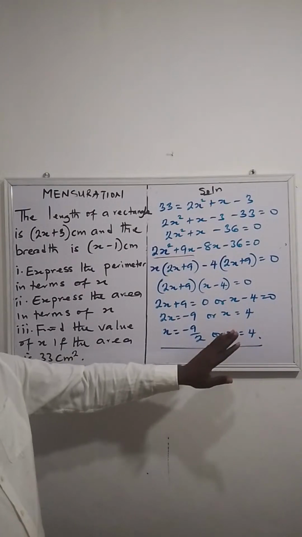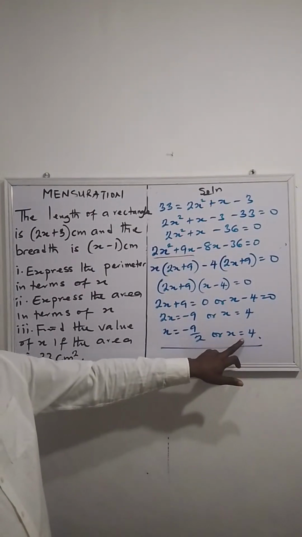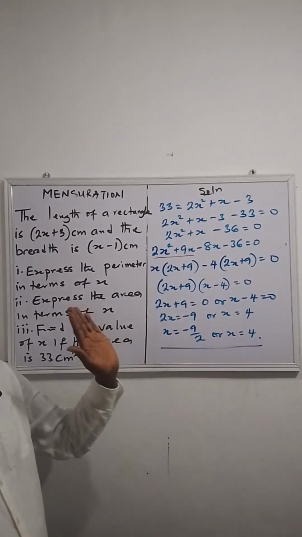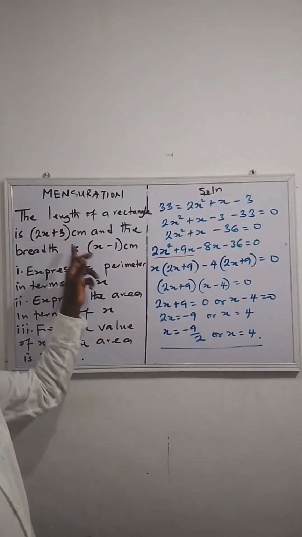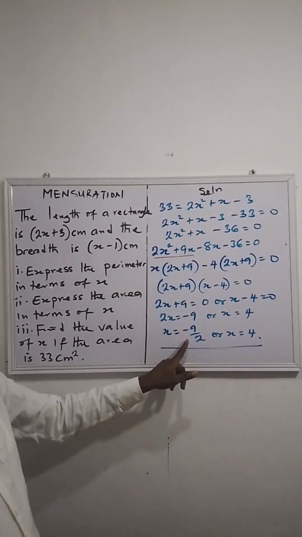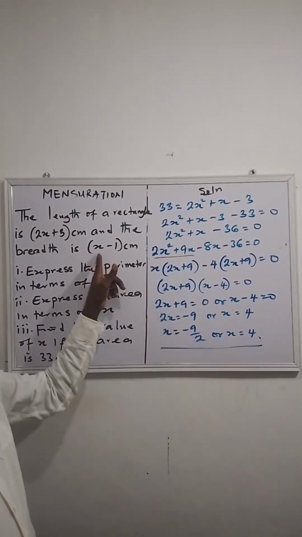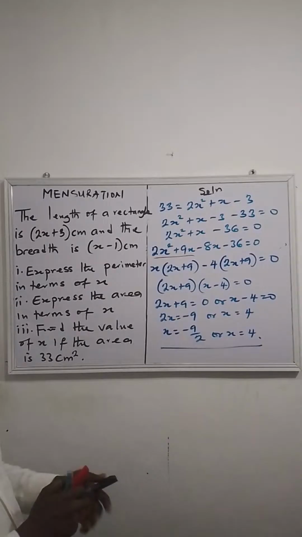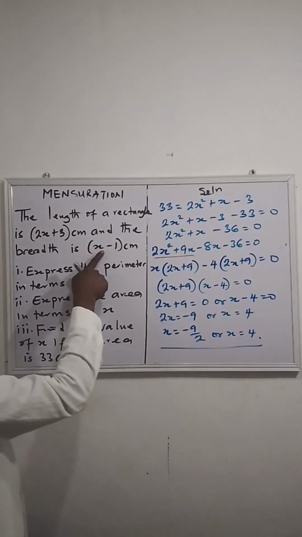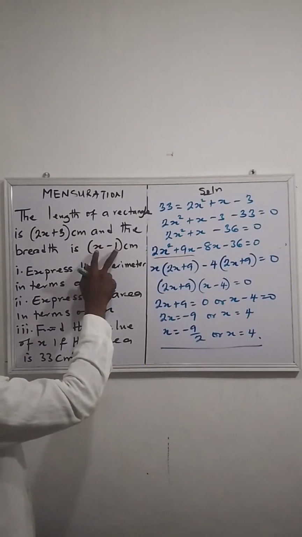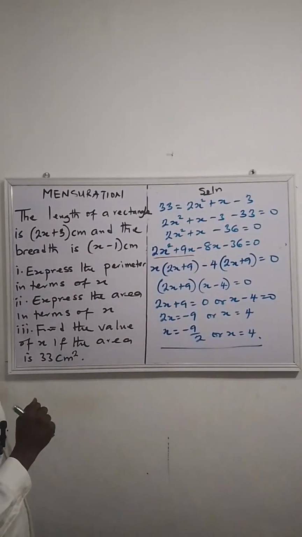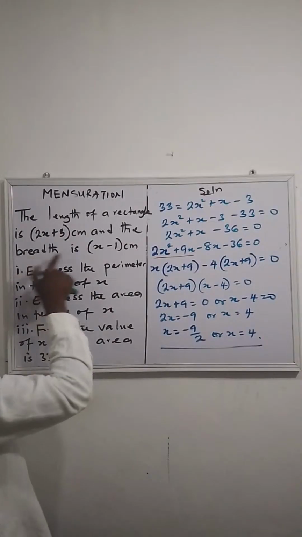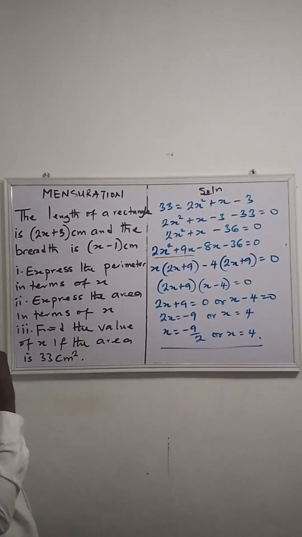Now, the reason we have to consider this, if you look at the length and the breadth, if I plug in negative 9 over 2, what I will have here is going to give me a negative answer, and that is going to be for the breadth.